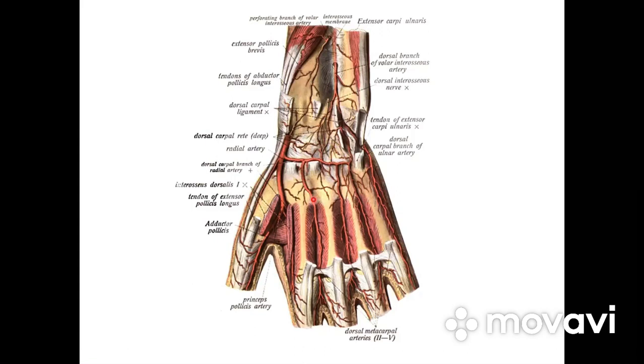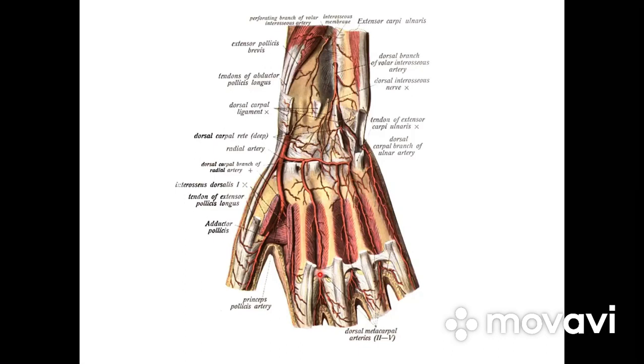The first of them lies in the second intermetacarpal space, the second continues in the third intermetacarpal space, the third lies in the fourth intermetacarpal space, and the last, the fourth, lies on the ulnar border of the hand, on the level of the head of the metacarpal bones.